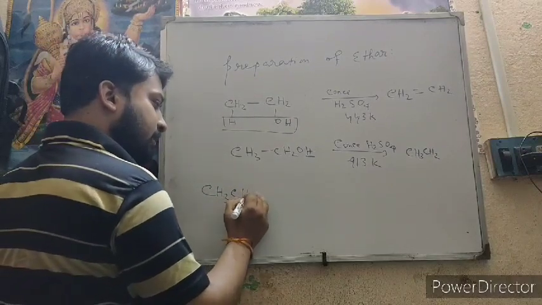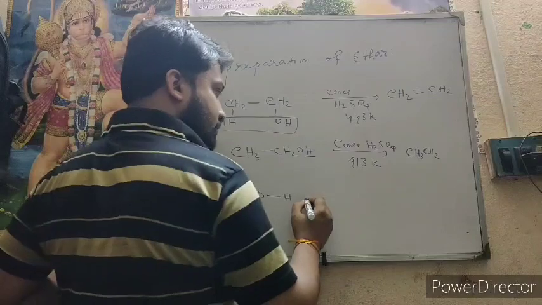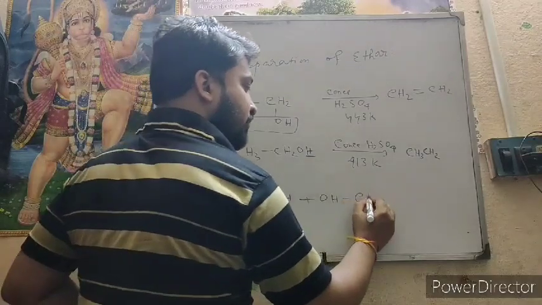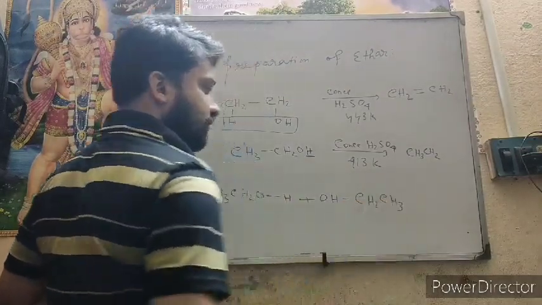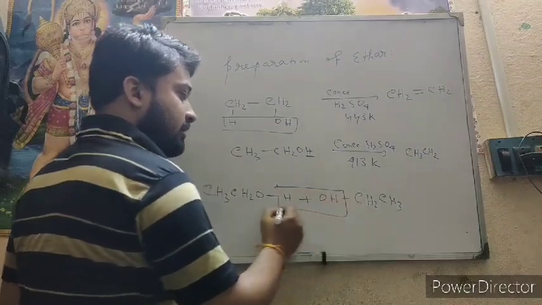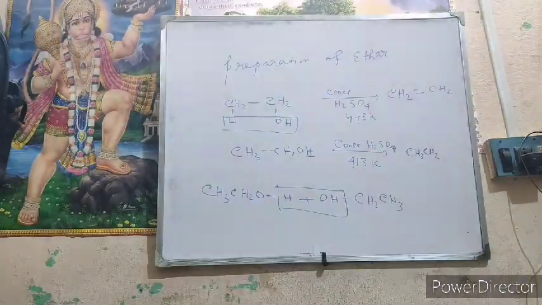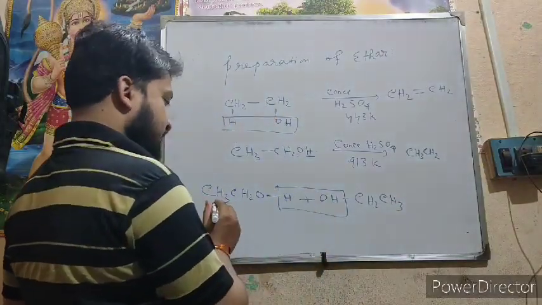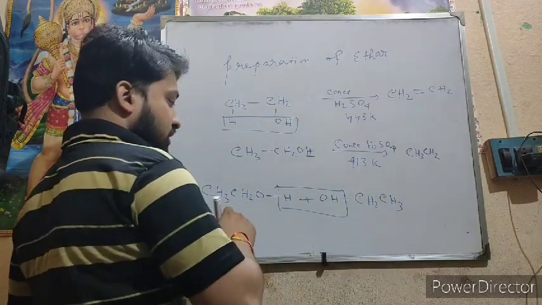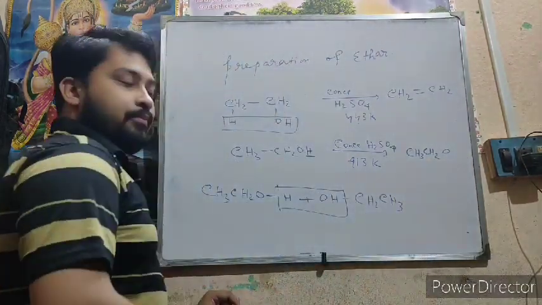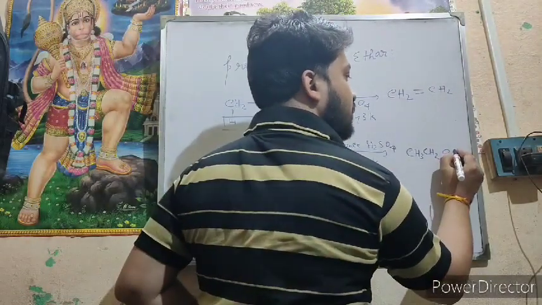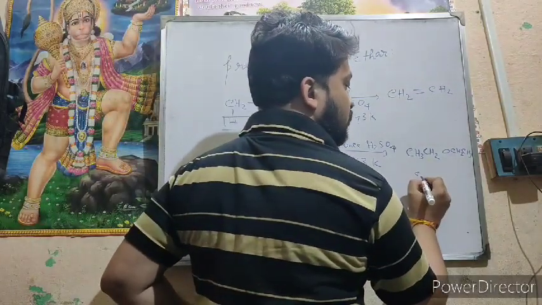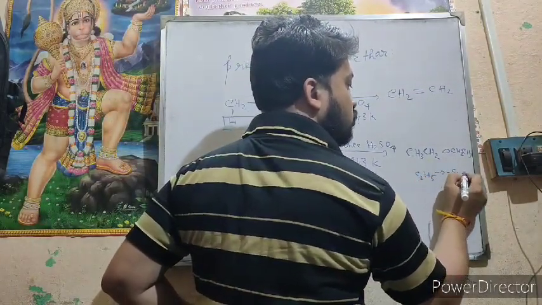Take 2 moles of ethanol, and a water molecule is removed, giving CH3CH2OCH2CH3, or more simply C2H5OC2H5.